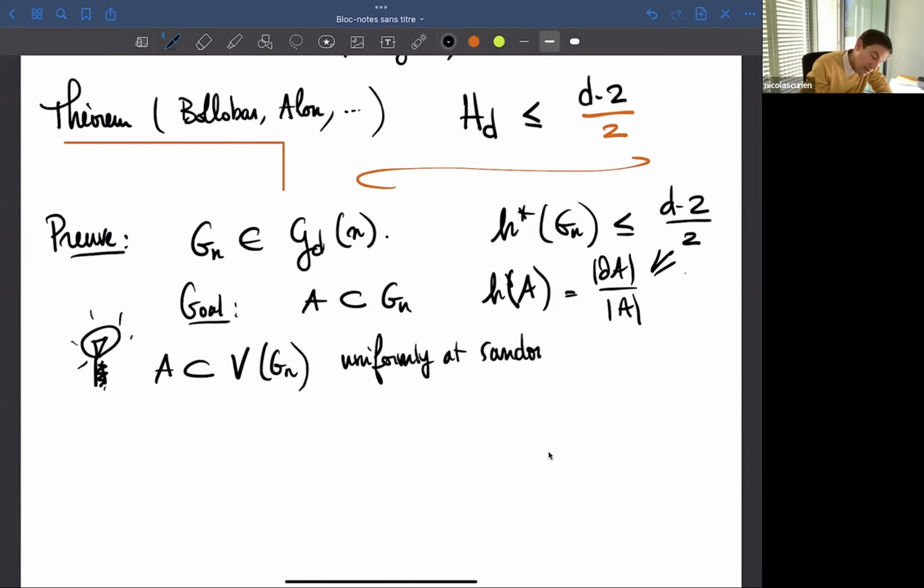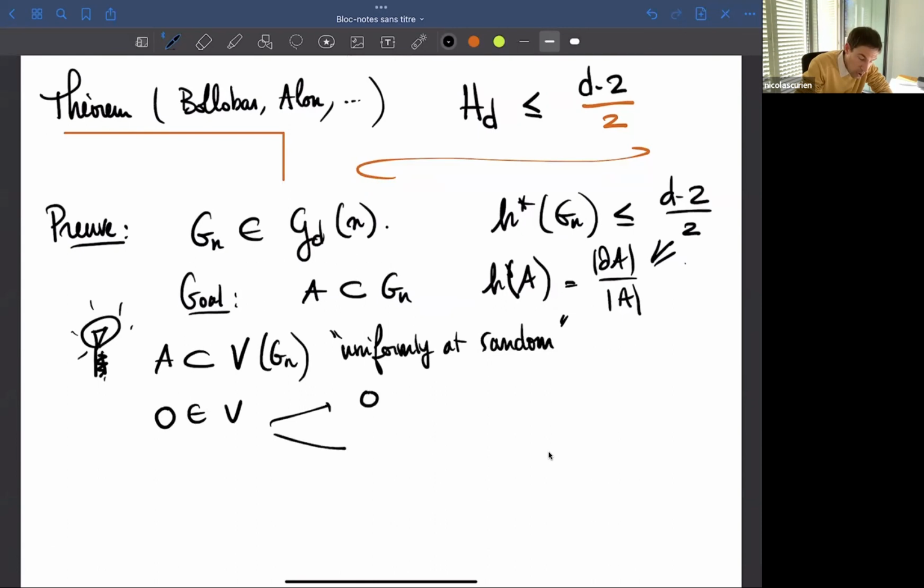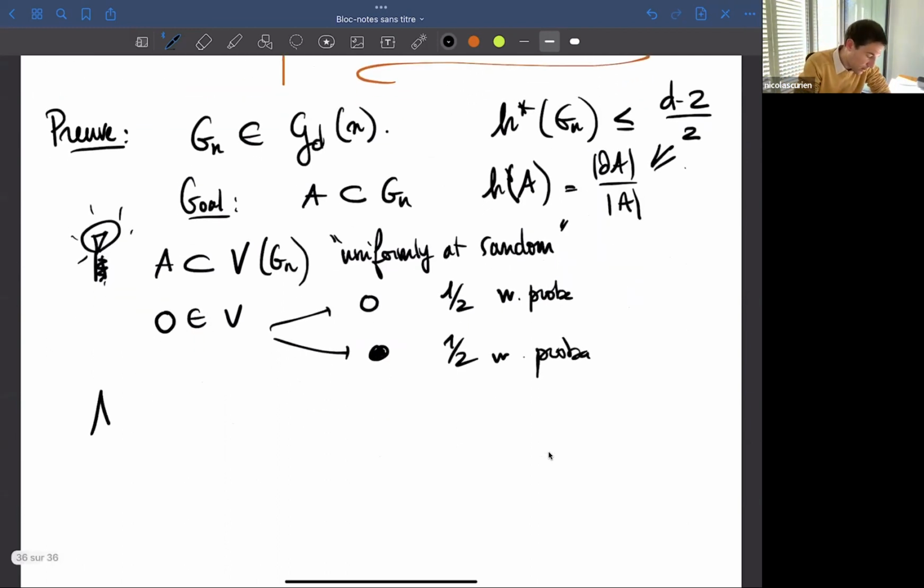Let me be more precise here: any vertex will be colored white or black with probability half. So for every vertex of your graph, you flip a fair coin, independently, to color it black or white. And then you take A to be all the black vertices.